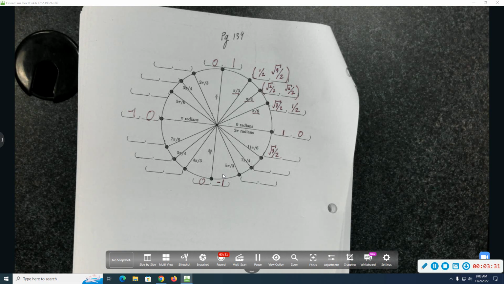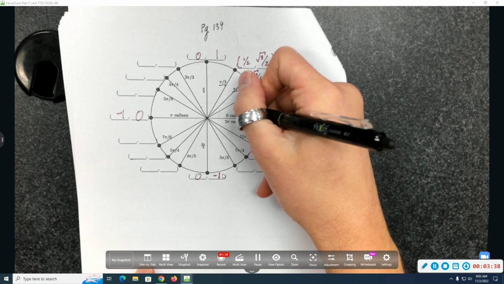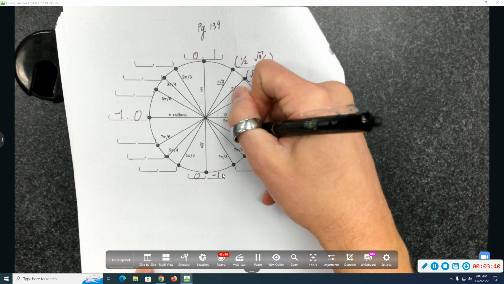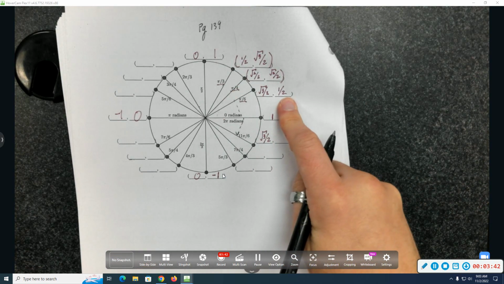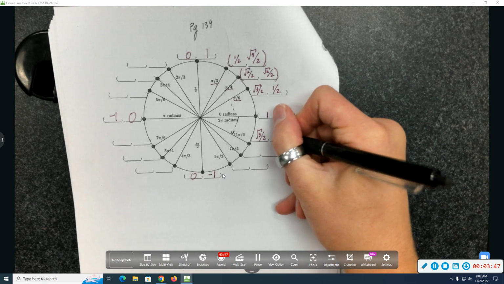Gives me negative sine theta. So that means some things. That means if you, instead of rotating up by pi over 6, rotate down by pi over 6, you'll have the same y value, just negative. Negative 1/2.